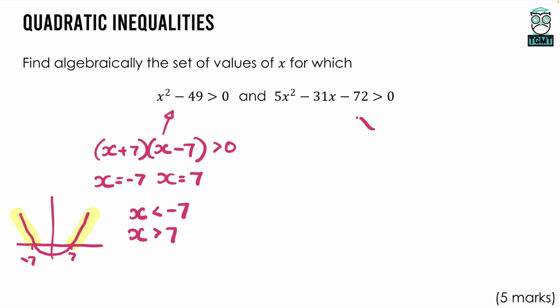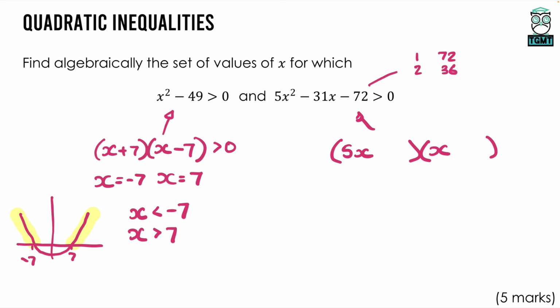We now have our slightly harder one. Now I factorise quadratics like this by inspection. If you had a calculator for this, of course you could use the quadratic formula as well, but I tend to factorise using inspection. Not always the nicest, but for 72, there are quite a lot of factor pairs. 1 and 72, 2 and 36. This is one of those ones where you've got to test loads of them.